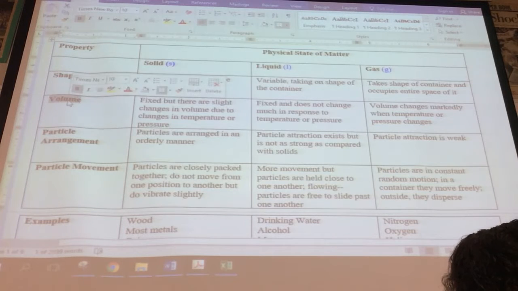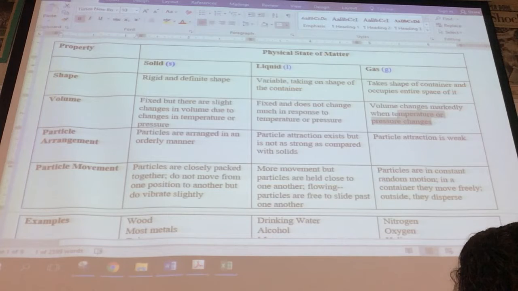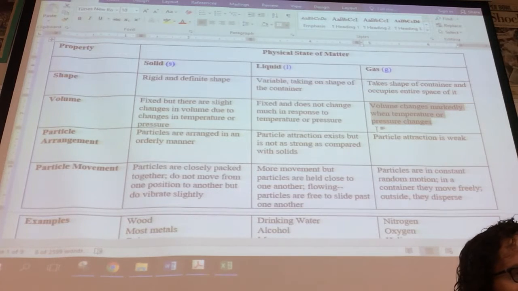In regard to volume, we'll talk much more about volume of gases when we hit the third 9 weeks and we talk about gases. We have 2 really cool labs planned for our gas chapter, but you'll see that temperature and pressure greatly affect volume. You'll see the inverse relationship between volume and pressure.